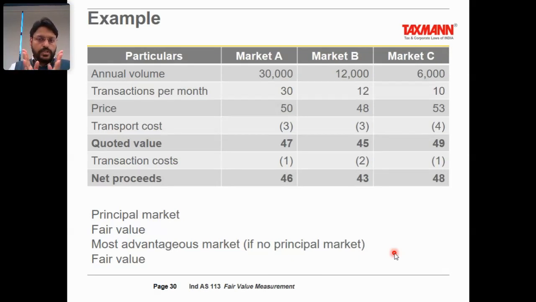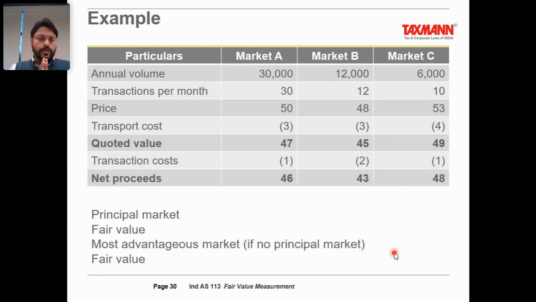Now, if you want to measure the fair value on the basis of the principal market, then what would be the fair value? First of all, which is the principal market? The principal market is that market where the volume is highest. So, which market is the principal market? Market A. Now, what is the fair value in market A? Fair value in market A is 47.